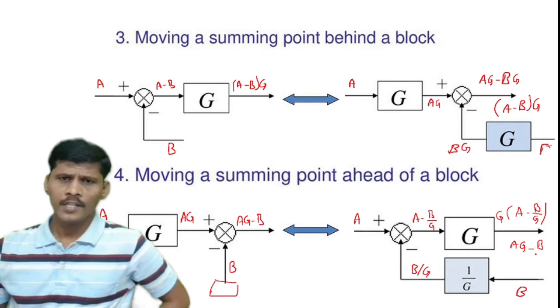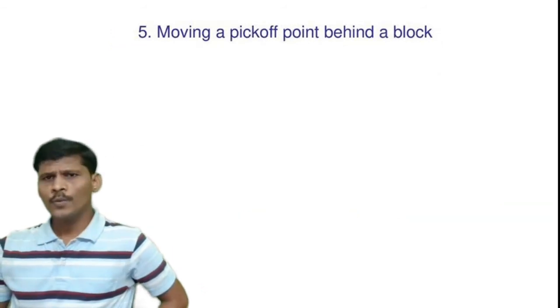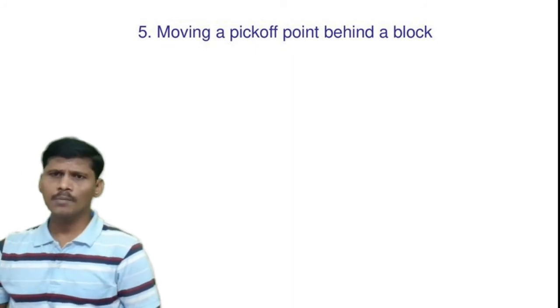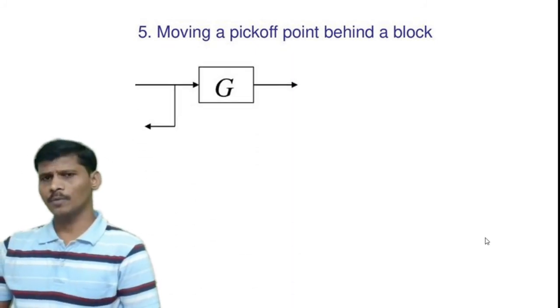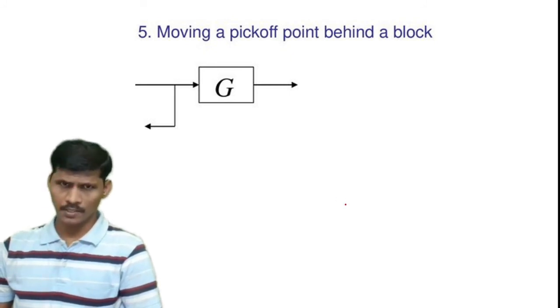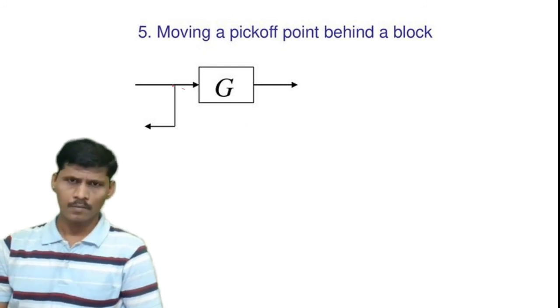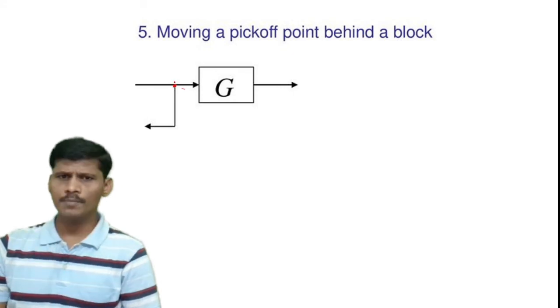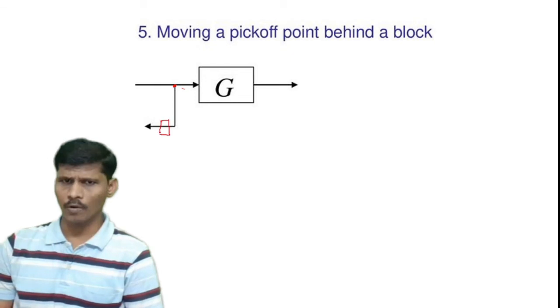And next, another rule is moving a branch point or takeoff point after the block. This is the branch point. Moving this branch point after the block, consider another additional block here.